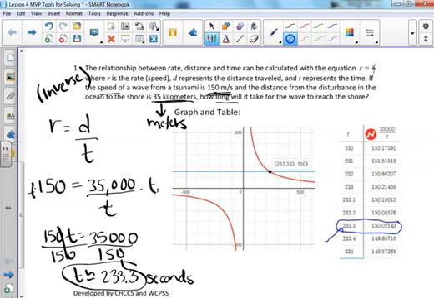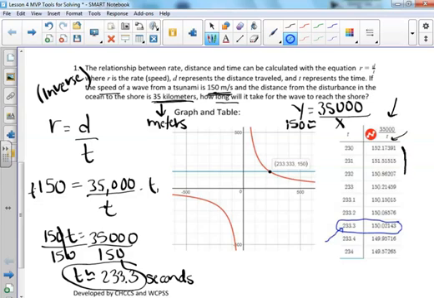When I type this function into my calculator, I typed in y equals 35,000 divided by x. If you use Desmos, in this case I use the variable t. As long as you're using a variable, it will be fine. So we're looking for when our y value is approximately 150. So let's look at our table first.